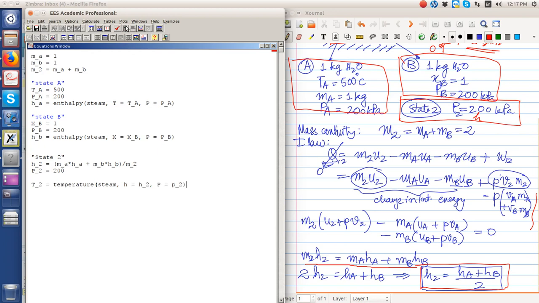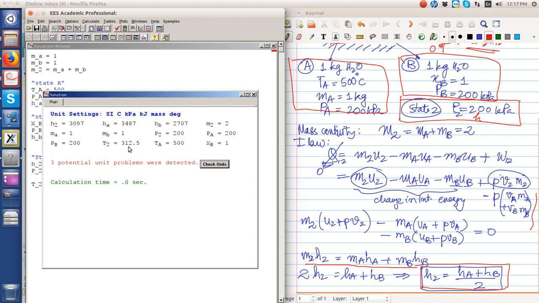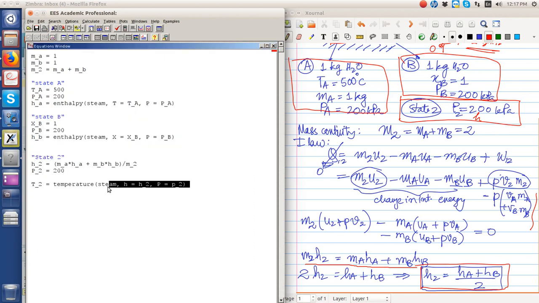This will give us the final temperature. The final temperature is 312.5 degrees Celsius. So we have obtained the final temperature. Everything that we derived so far is an application of the first law.